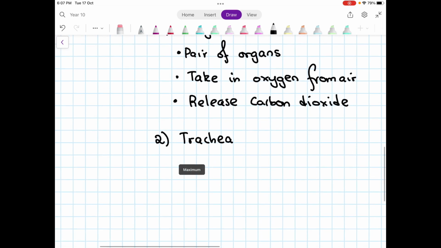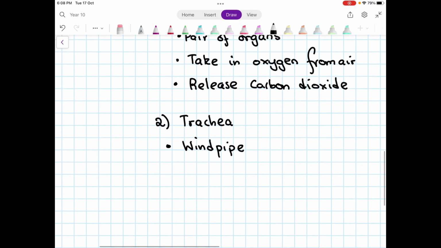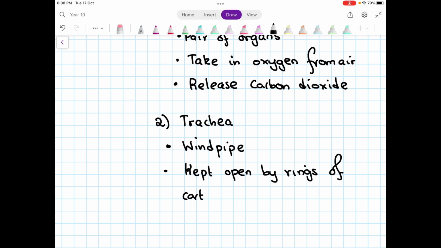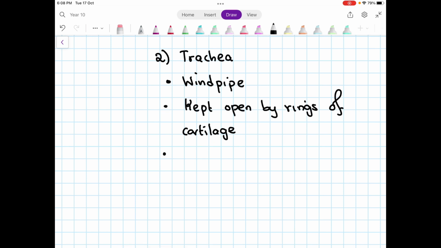Now we also have an organ called the trachea. And the trachea is essentially the windpipe. It contains lots of rings of cartilage to keep it open, and helps carry air into the lungs.